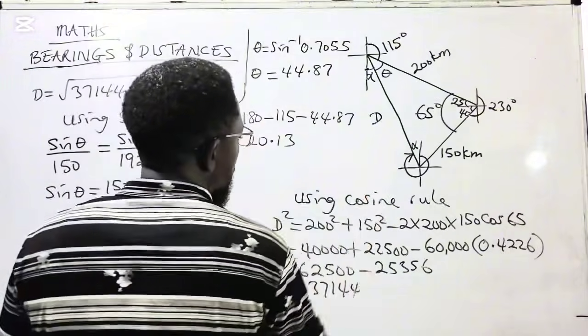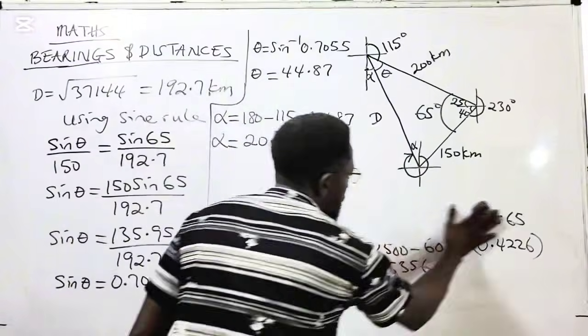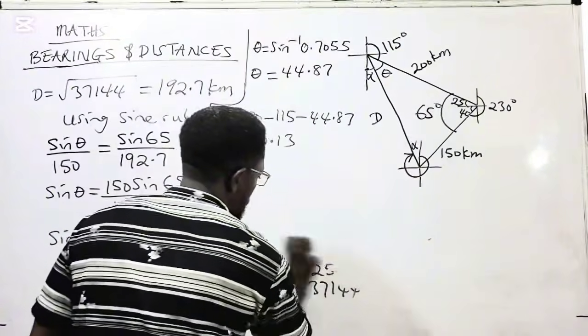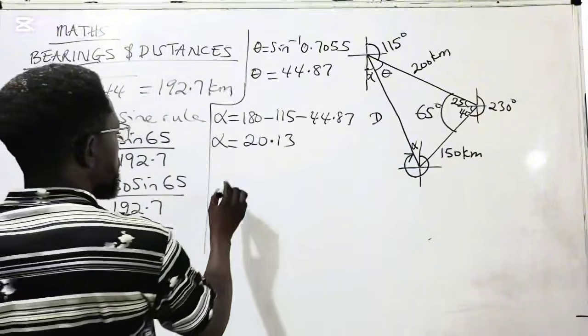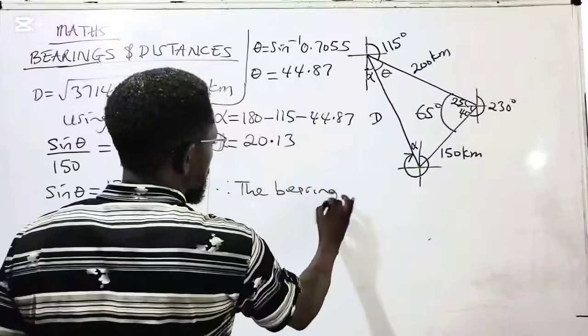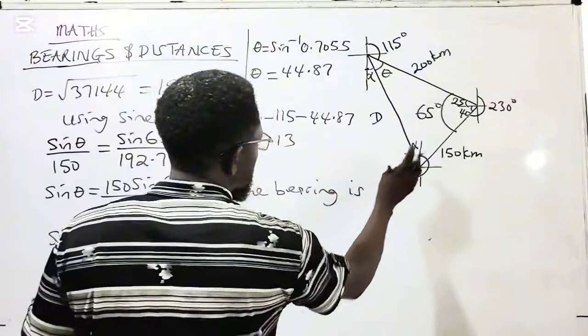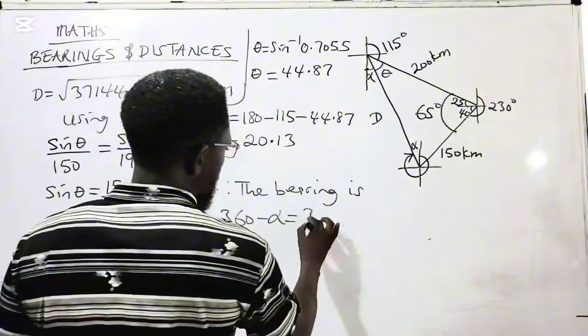So the bearing we are looking for now is 360 minus alpha.